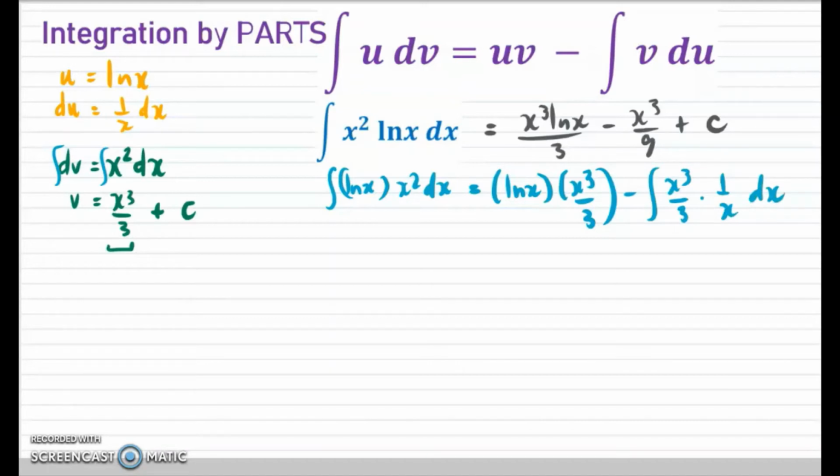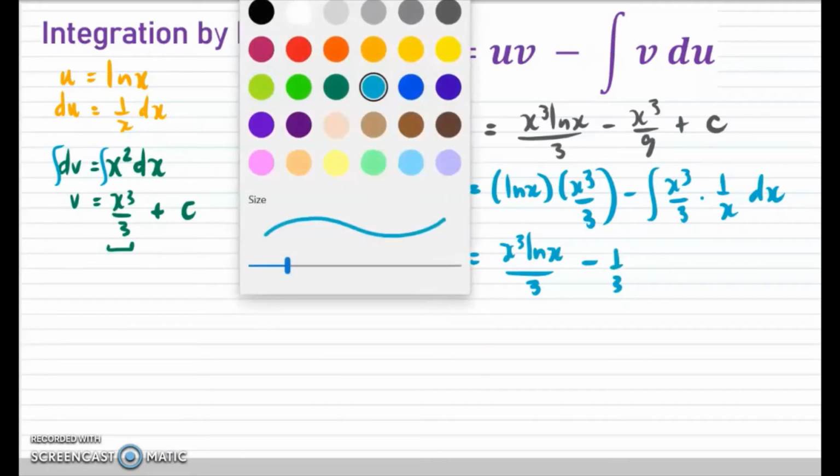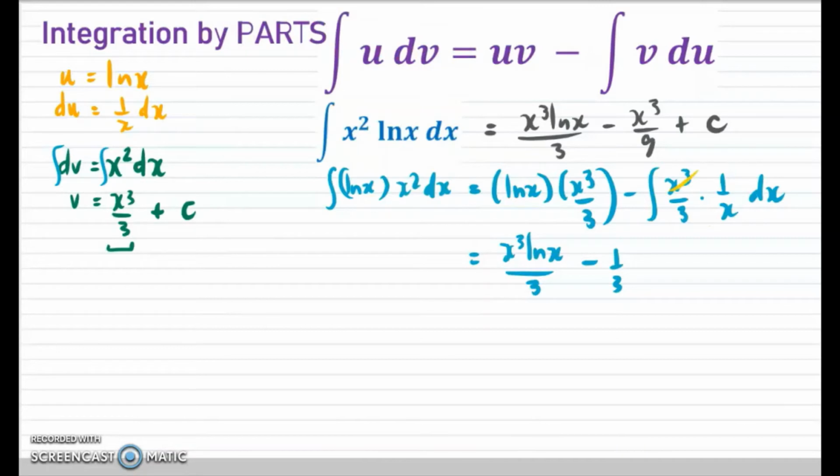So let us simplify this first. We have x cubed ln x over 3 minus, let's bring out the constant here, which is 1/3. And as you can see, we can simplify x cubed over x, leaving us with x squared only. So the integral of x squared dx, right?